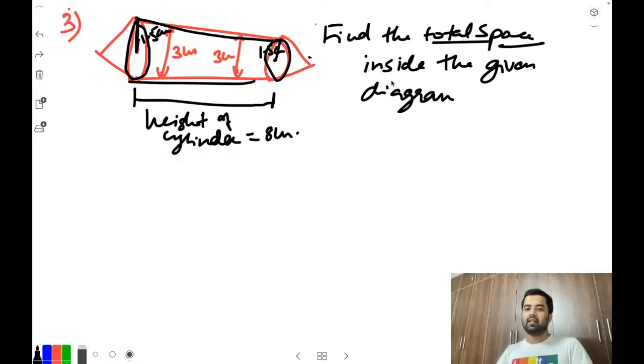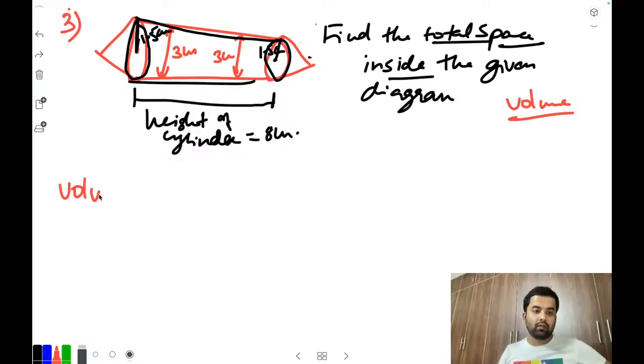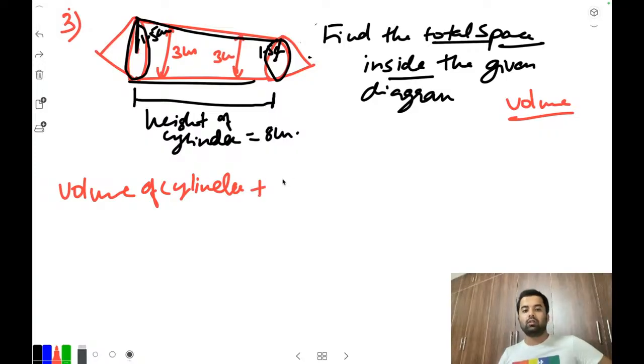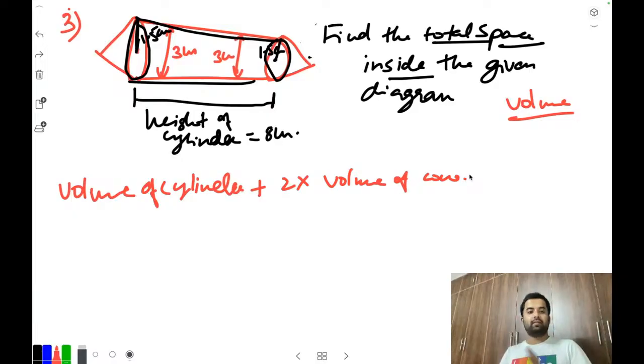Obviously, we know that space stands for volume. So first you will figure out the volume of the cylinder. In addition, what you'll do? 2 into volume of cone. Then only can we figure out the whole total space inside the given diagram.